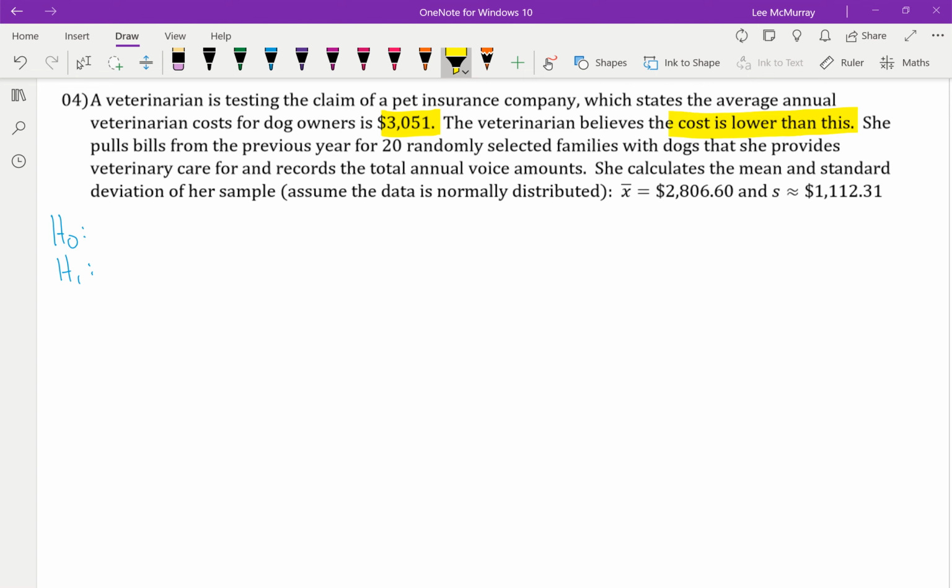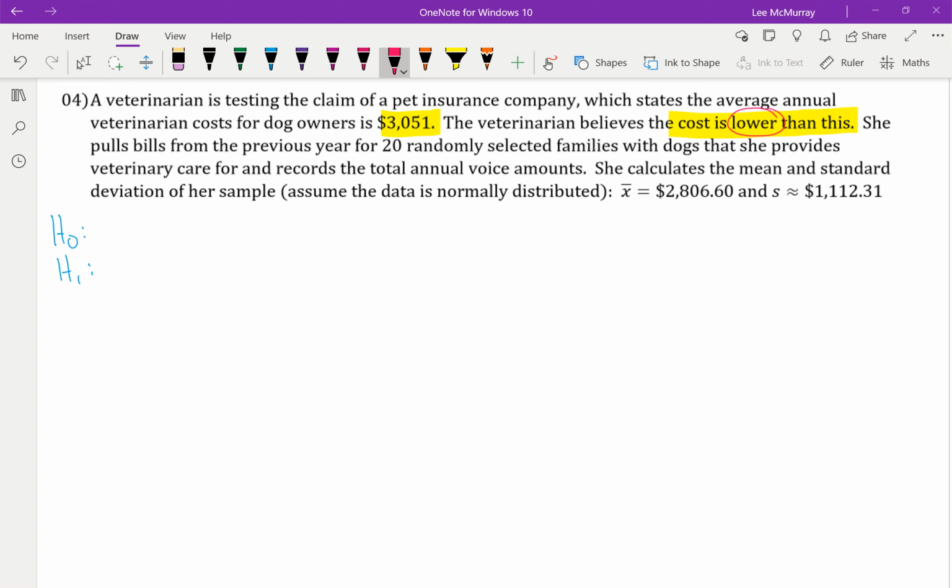So if her claim is that it's lower, then that's the claim we're going to test, right? If it hadn't said that part, if it just said the cost was $3,051, then we could test the claim as a two-tailed test and say it could be up or down. But because the veterinarian believes the cost is lower, that's what we want to test. We want to see if it's actually lower than what it has been claimed to be.